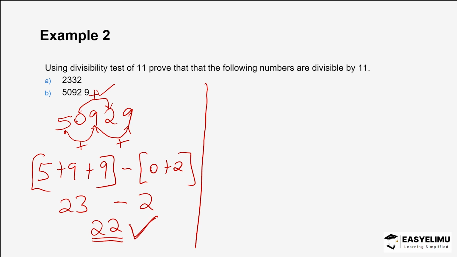Just doing the subtraction alone is not enough. So you have to restate the condition in giving your response.